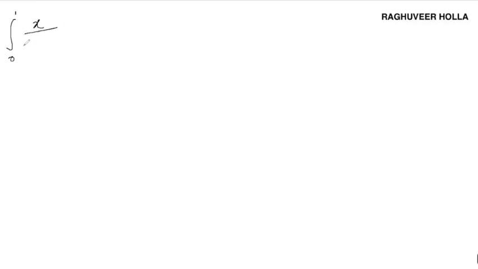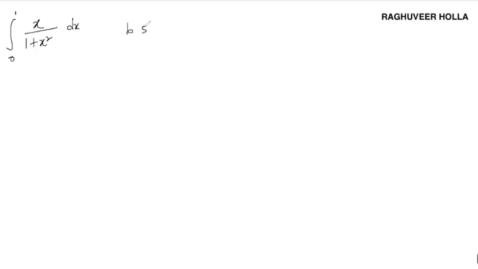X divided by 1 plus x square dx. So this is your function, which is f of x or y, when we relate to the formula. Again, I'm using Simpson's 1/3 rule here, into 6 equal parts.